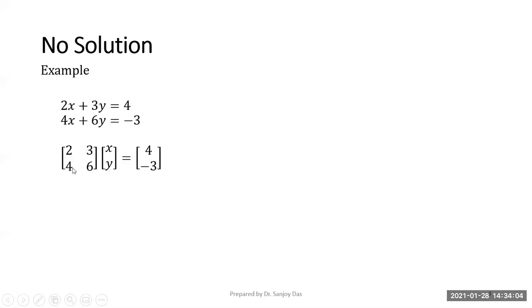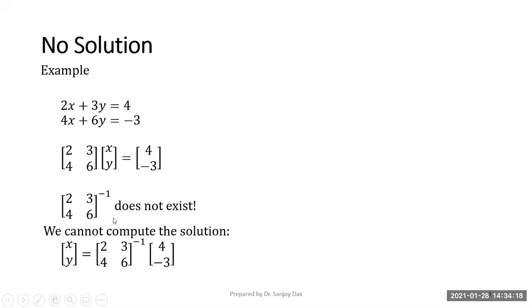So what happens if we try to solve it using our previous method? So we have 2, 3, 4, 6, xy equals 4, -3. And then all we have to do is invert this matrix and pre-multiply it with 4, -3, and we should get our solution, right? But the problem is this matrix 2, 3, 4, 6 is a singular matrix. It cannot be inverted. Its inverse does not exist.